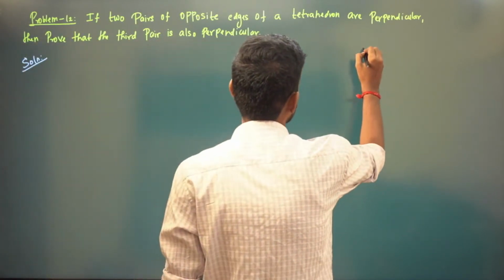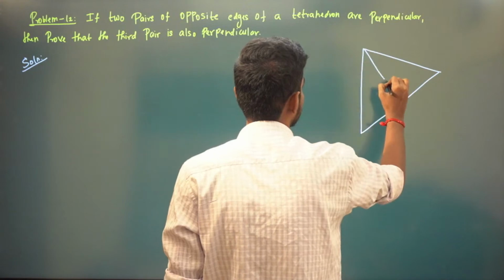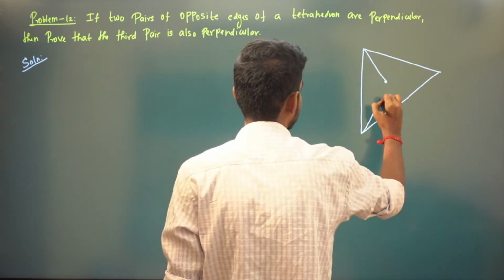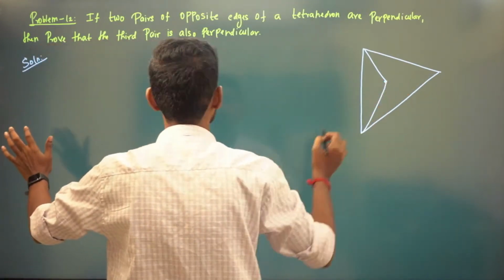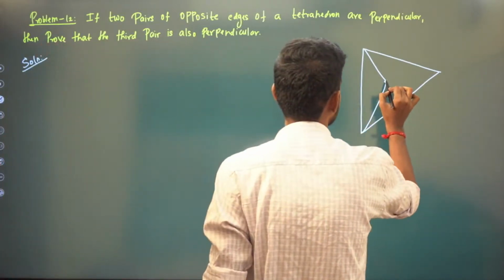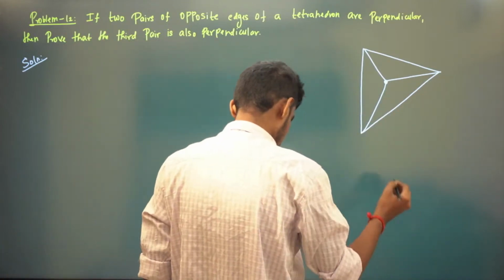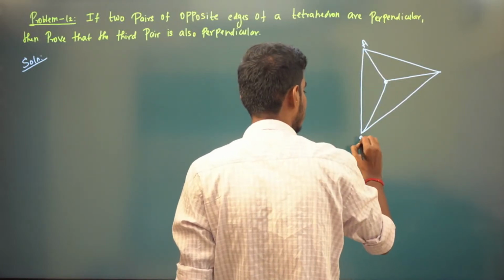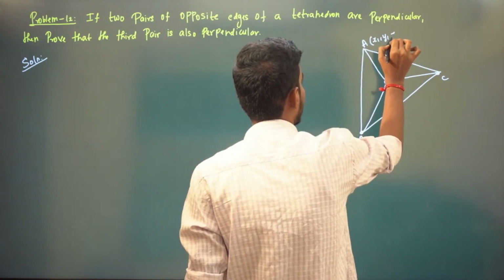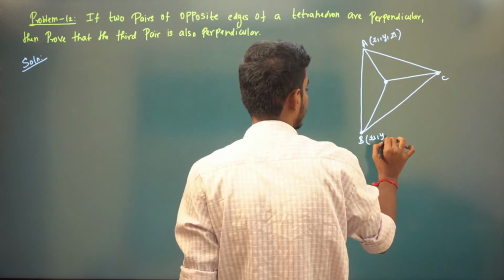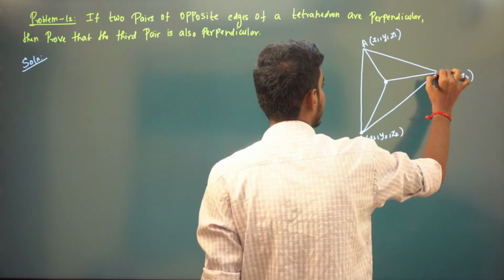So we have a tetrahedron, right? Let us call these points A, B, and C. Let these points be x1, y1, z1, x2, y2, z2, and x3, y3, and z3, right?